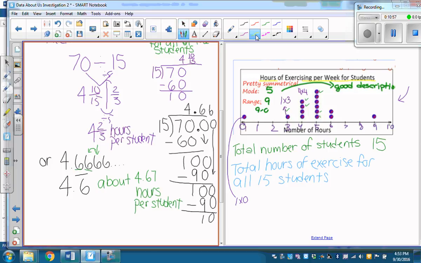So we worked this problem with the algorithm, and we came up with the answer written in fraction form and in decimal form.